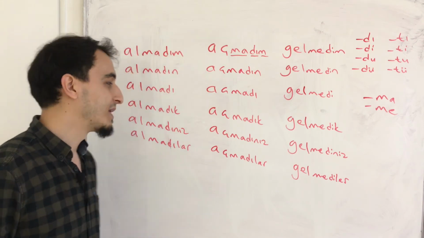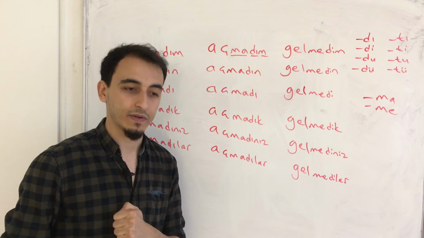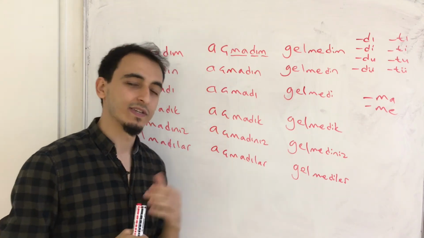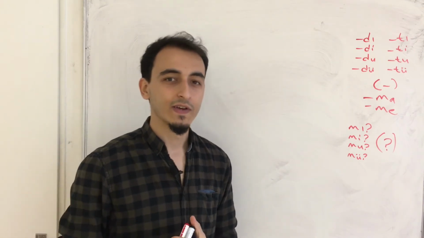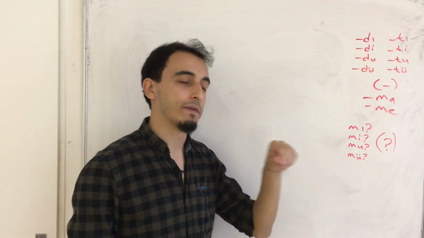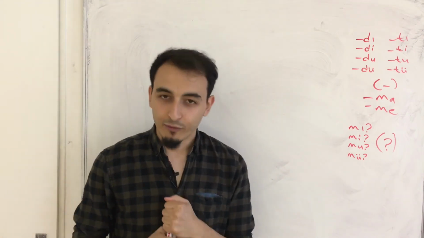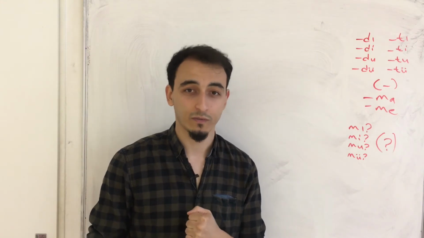Don't worry. So let's see now how to ask questions with this tense. Evet, I assume you remember how to ask questions. I assume that you remember these guys: mı, mi, mu, mü. Evet. But unfortunately, asking a question is too difficult with this tense.